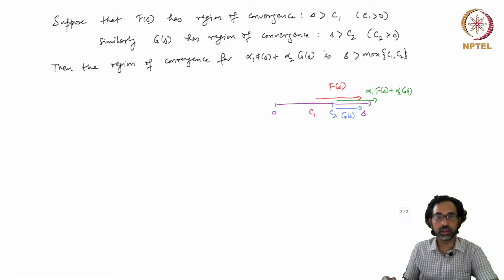So in general, whenever you have two regions of convergence for functions f and g, you can take the intersection of these two and you will get the region of convergence for the sum.